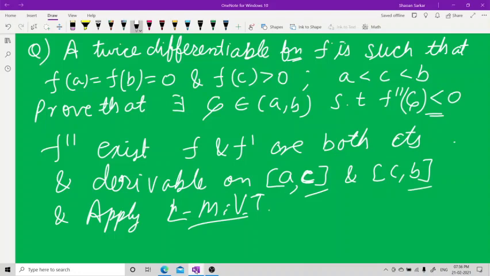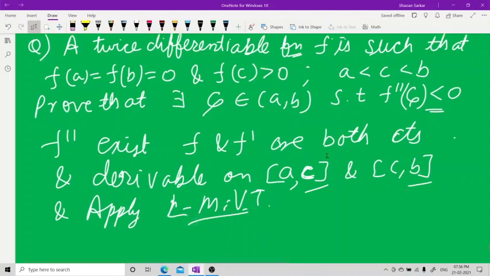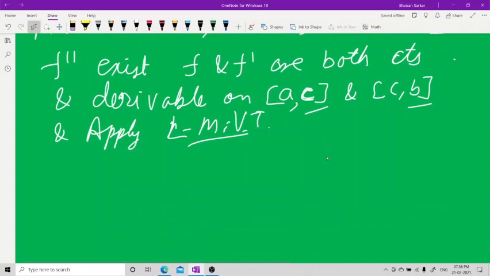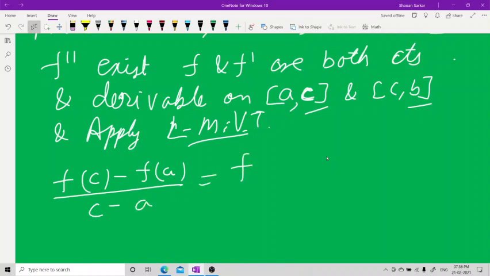For the first interval, for f of c minus f of a upon c minus a, you will have f dash zeta 1, where zeta 1 is in between a and c.